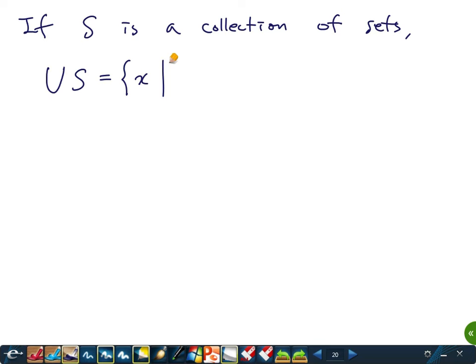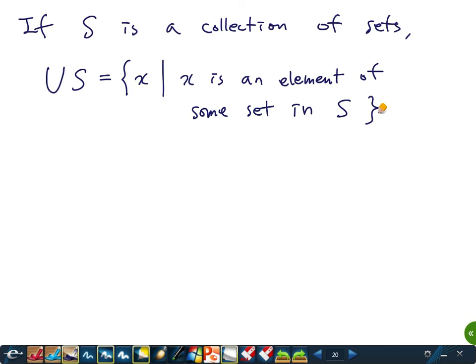So X is an element of what? Of some set. It can be just one or many, some set in S. It doesn't have to be all of them, just one or two.